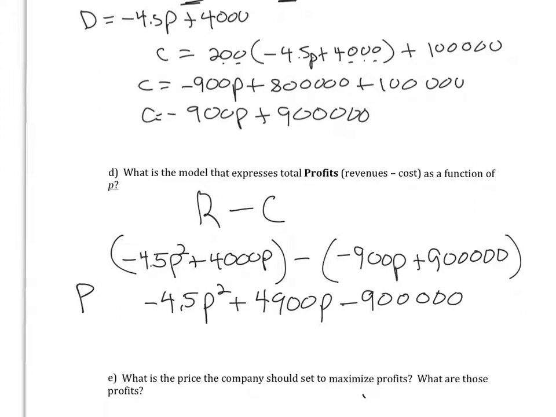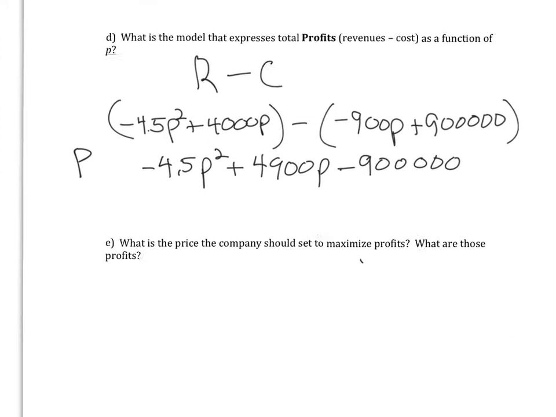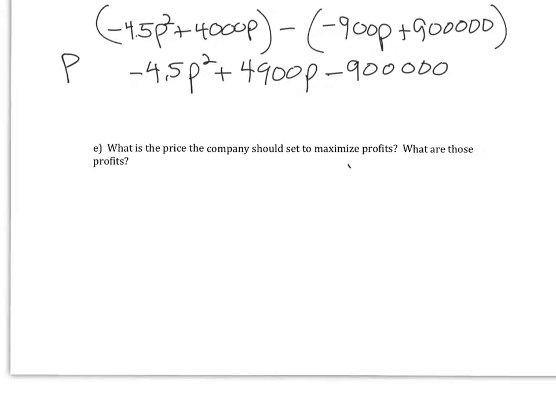Okay, so what do we do from here? Well, we want to figure out how to maximize our profits. Because we have a quadratic, we are going to find the vertex of our quadratic. The form currently is the standard form, so we're going to find the x value of the vertex, which will be the price that we're going to set.